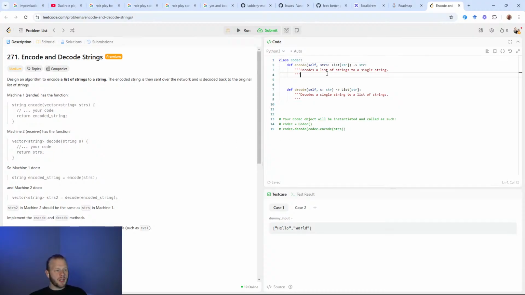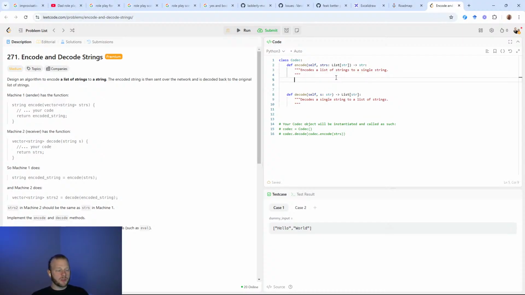I'll just do my naive thing here, which is going to be super inefficient, and that is JSON dumps and JSON parse. But I guess that's using an existing serialization method. So that's like what they're telling me not to do.